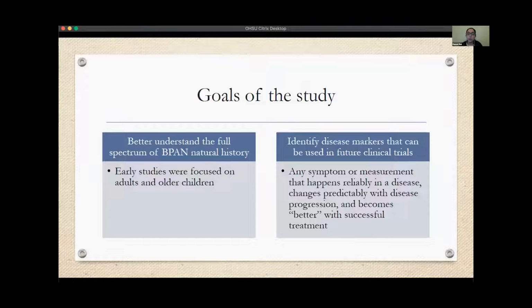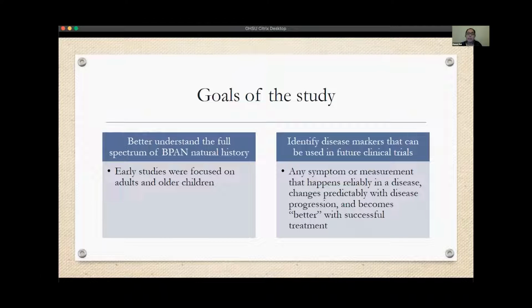And so the goals of this study are pretty common goals for most natural history studies. The first is to better understand the full spectrum of BPAN. And this is really important because our initial studies and papers on BPAN were focused more on older individuals with BPAN.